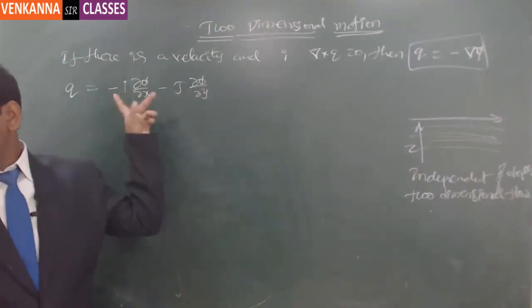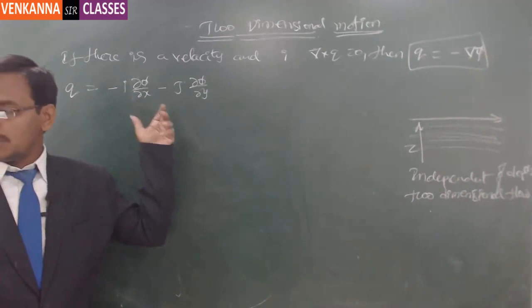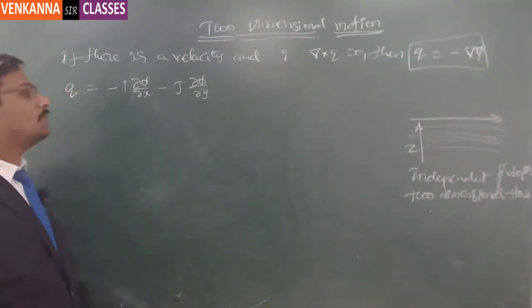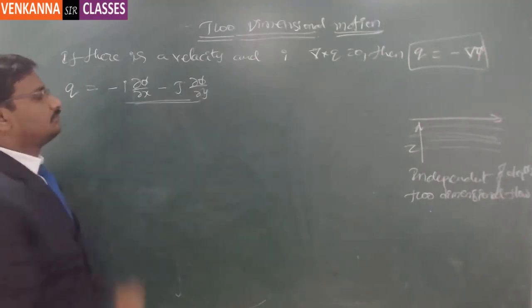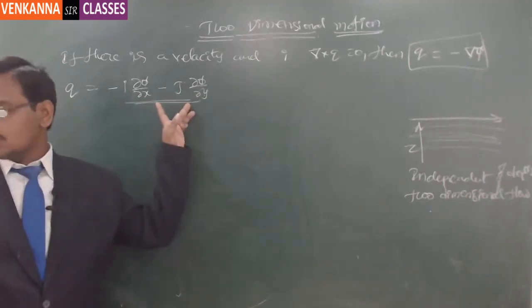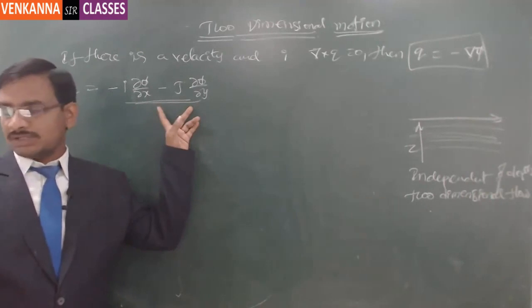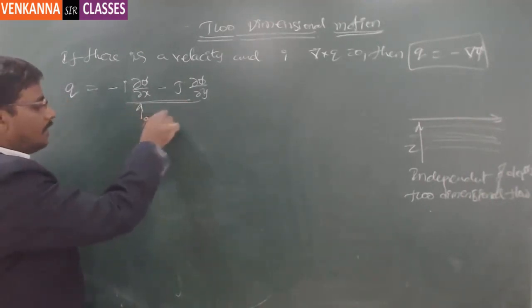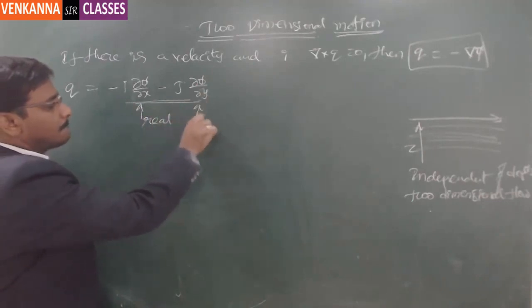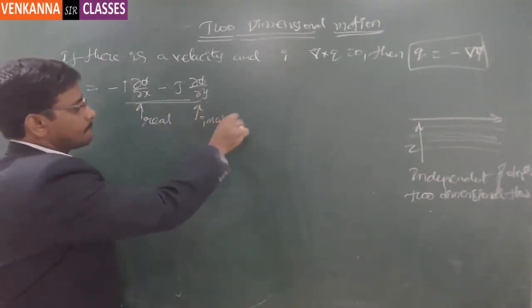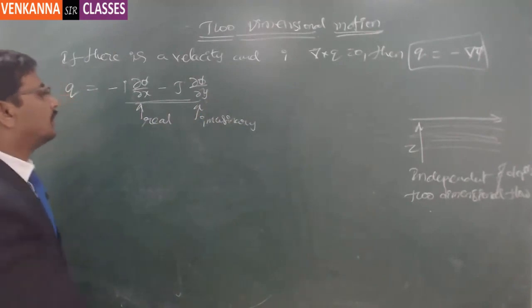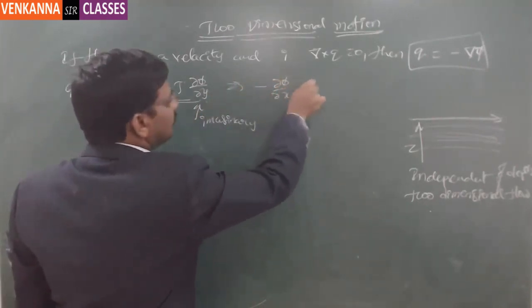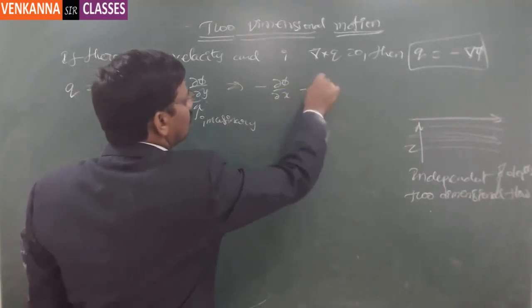So a three-dimensional vector can be converted into a two-dimensional vector. Two-dimensional vector is nothing but a complex equation. In the complex equation, this part we call the real, and this part we call imaginary. So we usually express it as minus dou phi by dou x minus i into dou phi by dou y.